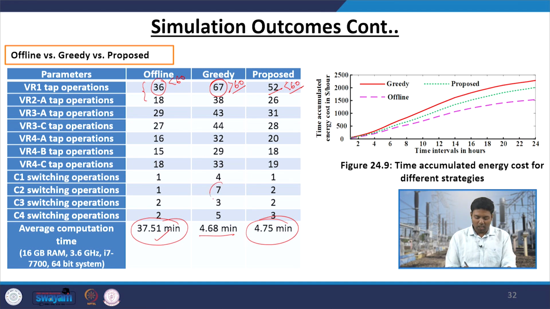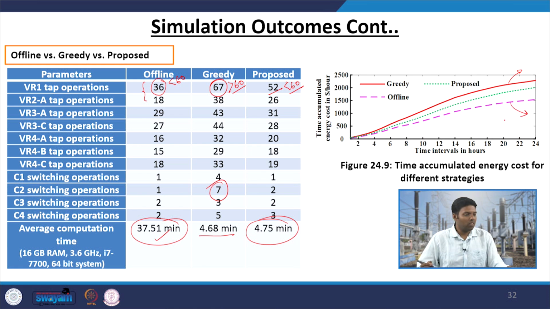The same thing we can see for the switching of capacitor C2. Because it is not considering the long term benefit, the cost of the greedy algorithm is highest, but for the time coupled obviously that is lowest. So this time decoupled operation, considering the long term benefit, is a trade off between your greedy and your time coupled solution.